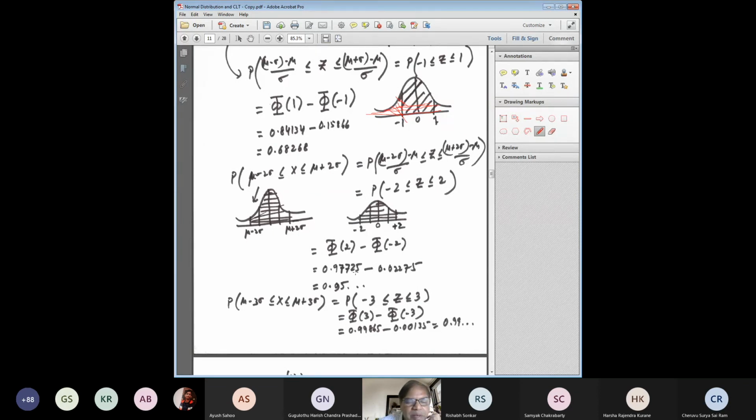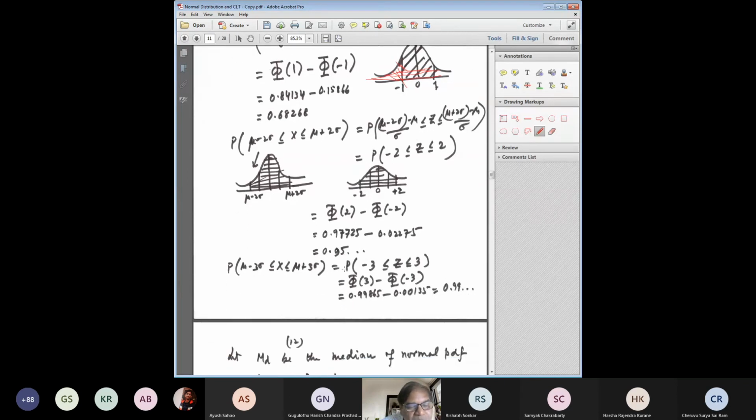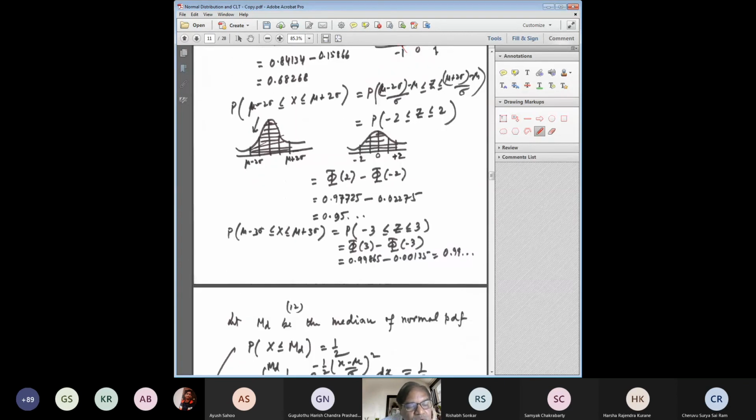So similarly, आप 3 में जाओगे, तो when you convert this into standard normal, it becomes minus 3 to plus 3. Same way.